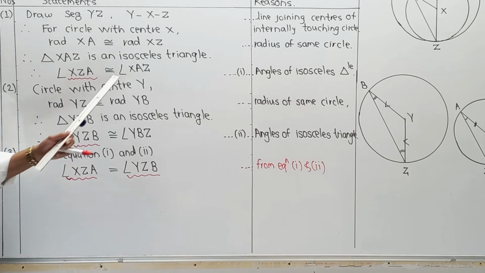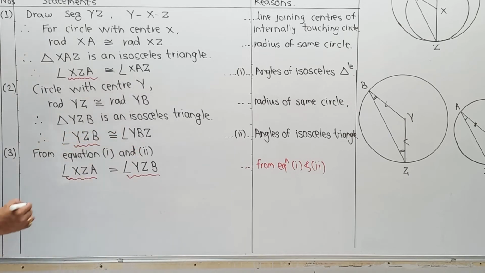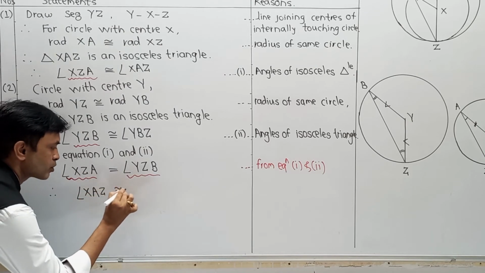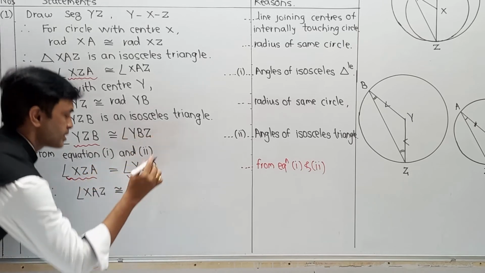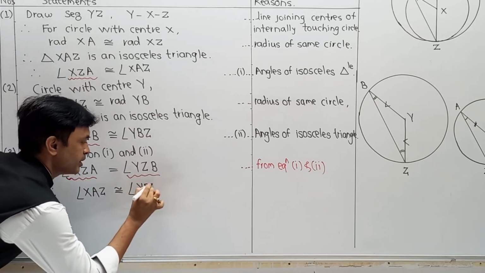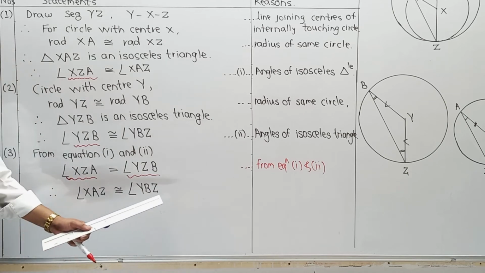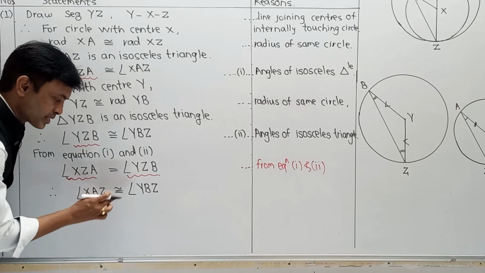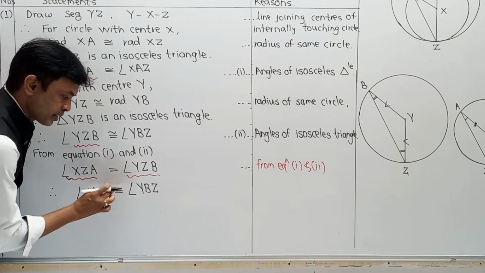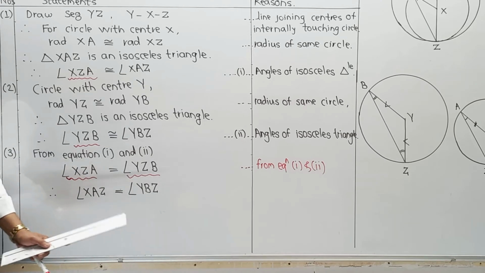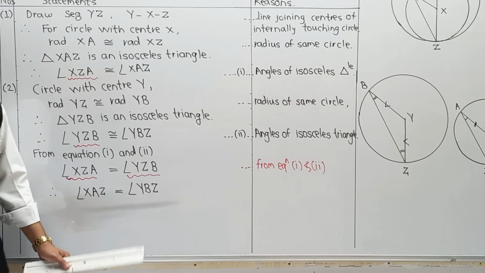Naturally, we can have the part angle XAZ. Therefore, angle XAZ is congruent to angle YBZ. If XAZ is congruent to YBZ, or you can also say XAZ is equal to YBZ from 1 and 2, but these are corresponding angles.